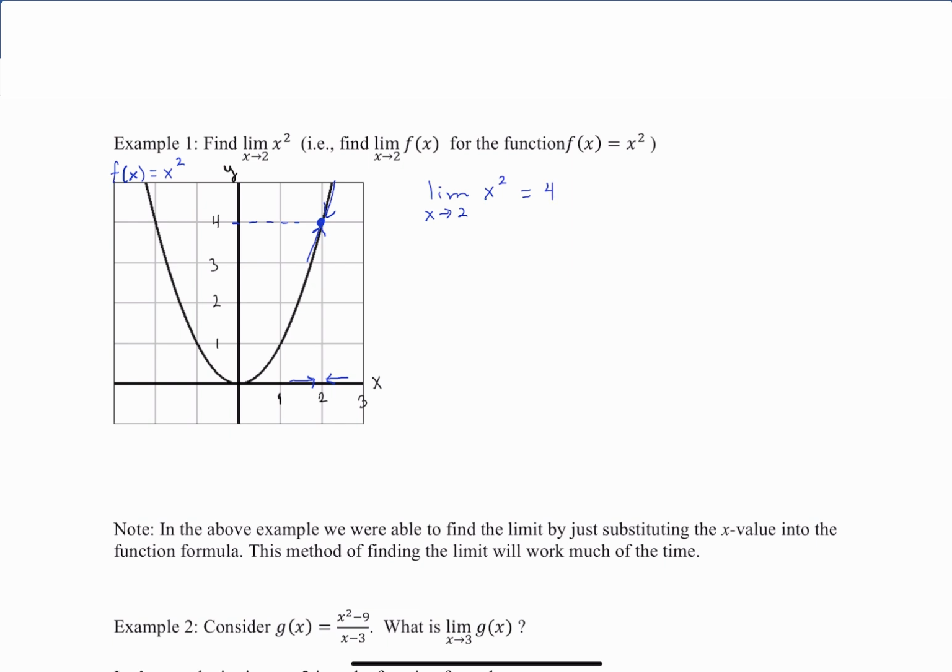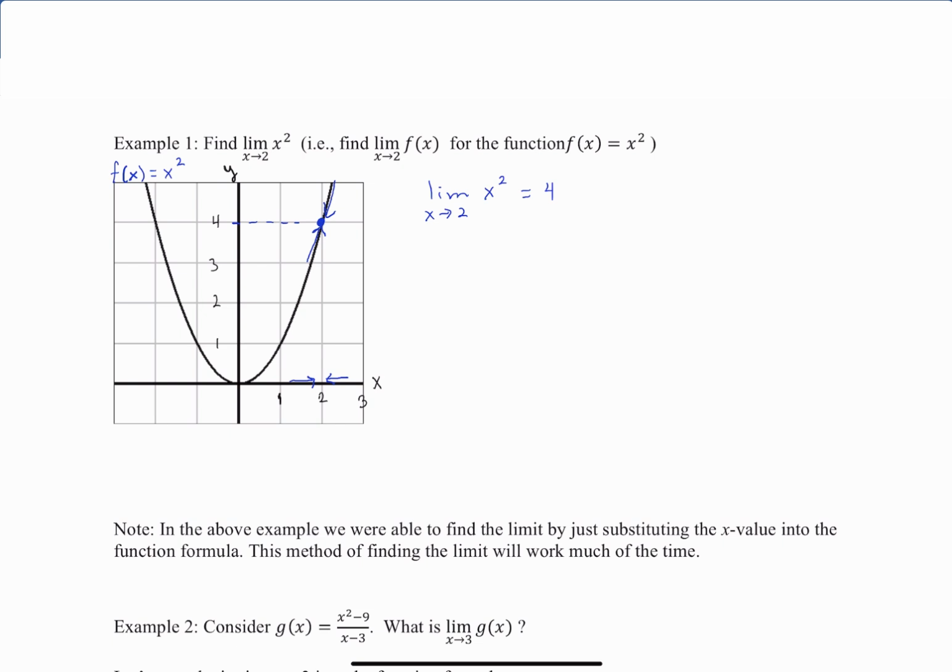So our answer is the limit as x approaches 2 of the x squared function is 4. So as I'm traveling along the f of x equals x squared function, my destination is 4, assuming I'm traveling along it with my x values approaching x equals 2. Notice that in this example, you'd be able to find the destination, in other words, the limit, by just substituting the x value into the function formula.